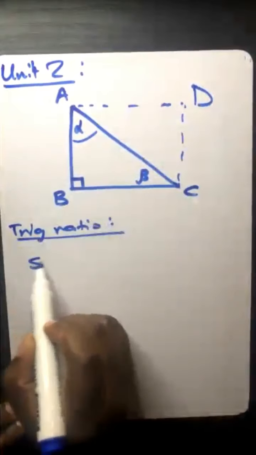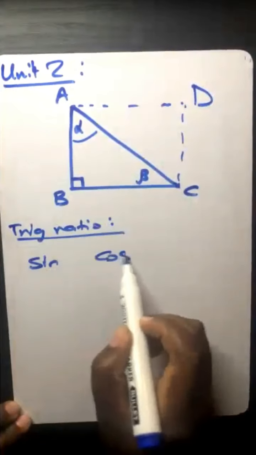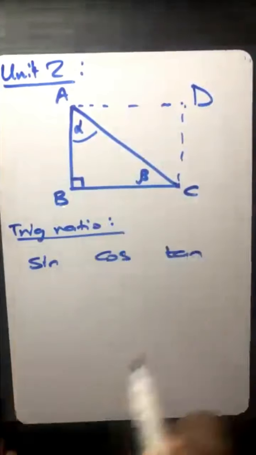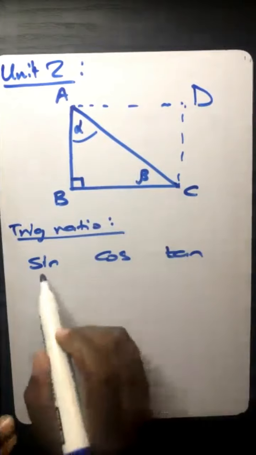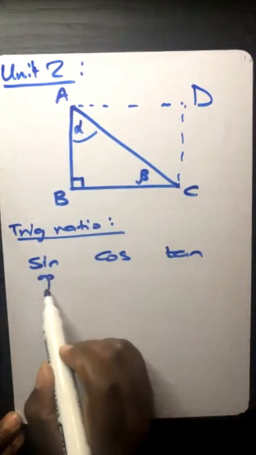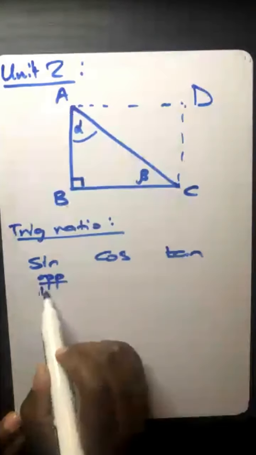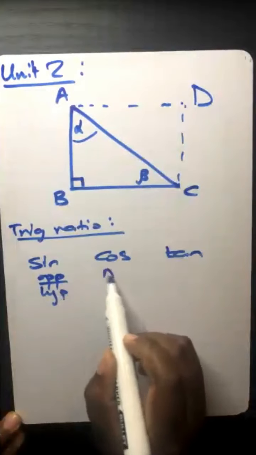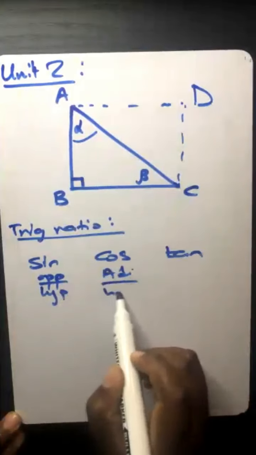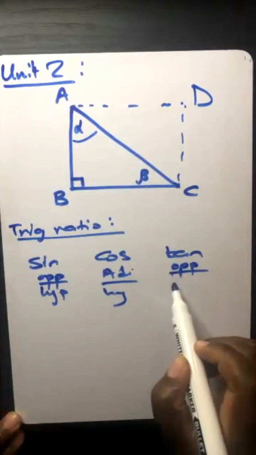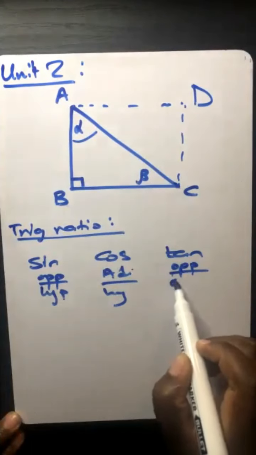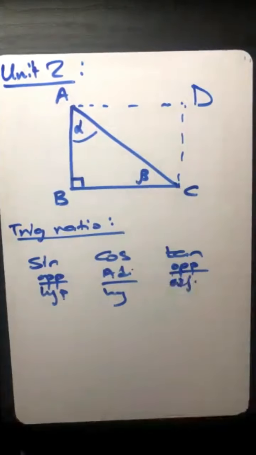So we define ratios, obviously, for sine. We know very well it is opposite over hypotenuse. Cos is adjacent over hypotenuse. Tan is opposite over adjacent.